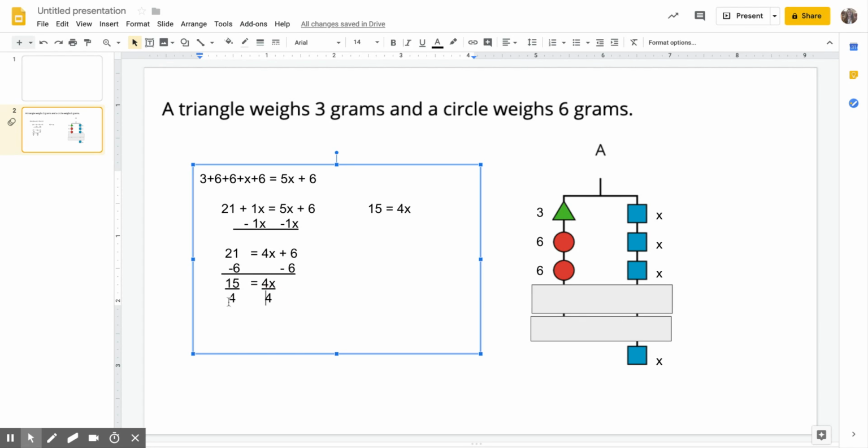So if I plug these into a calculator, I end up with x equals 3.75. And because I was talking about grams in my original equation, I'm going to add my label of grams here. All right, go ahead and give B a try.